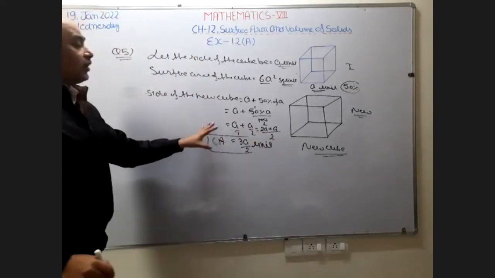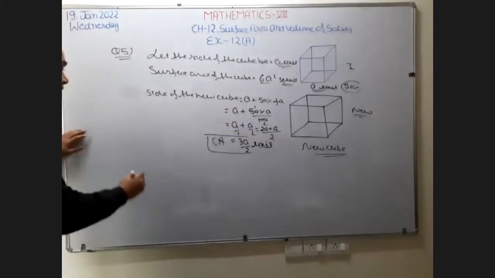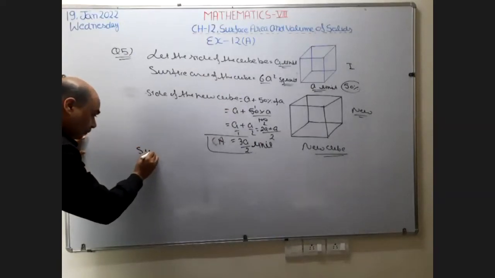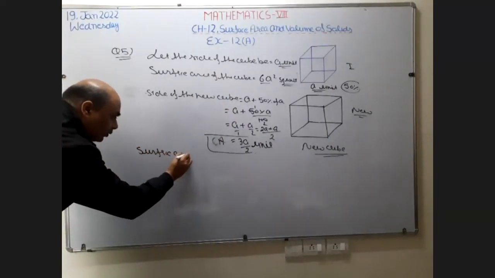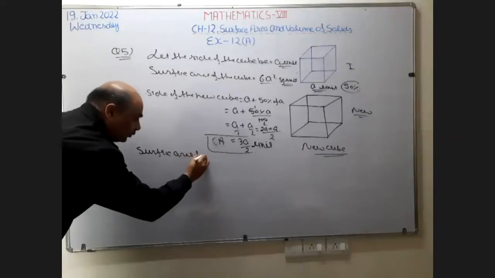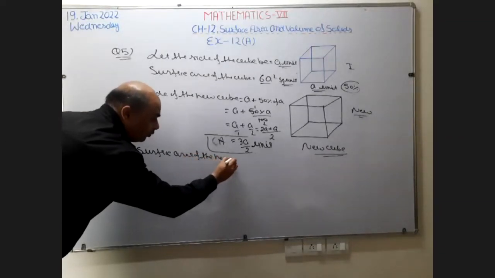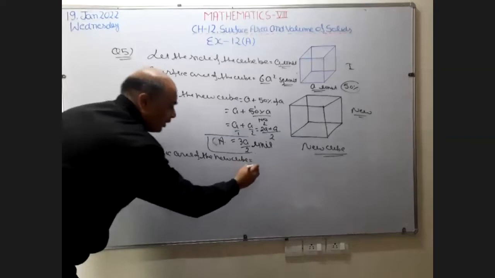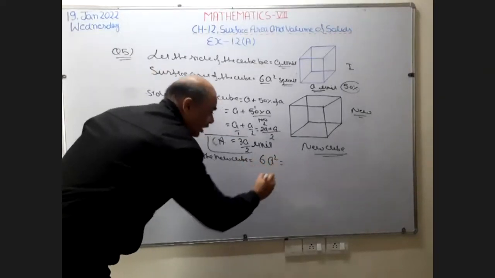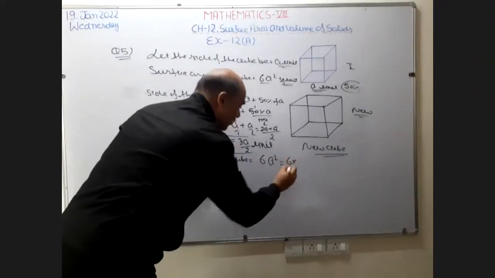Now I want to find the surface area of the new cube. So what is the formula? The formula remains the same, 6A square. Now 6 remains the same. What is A?